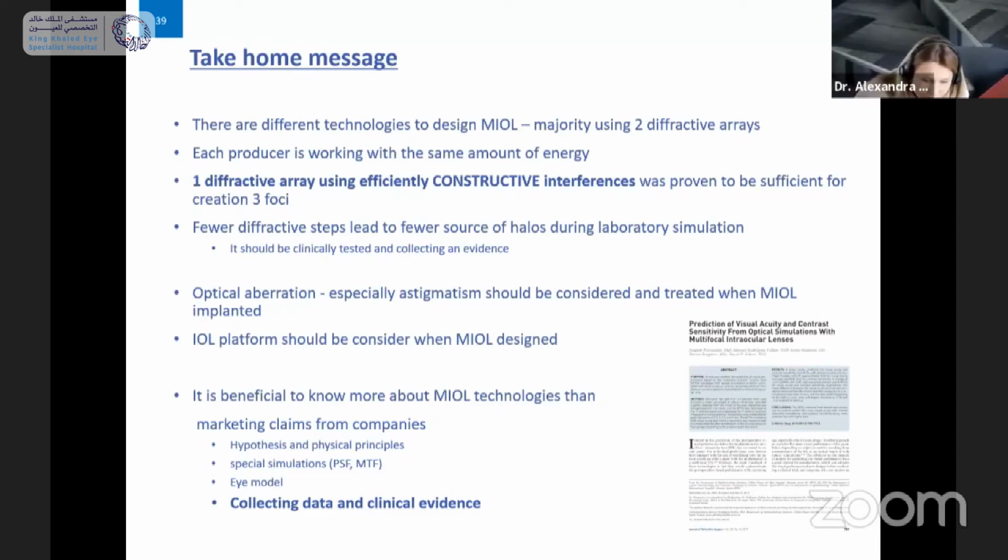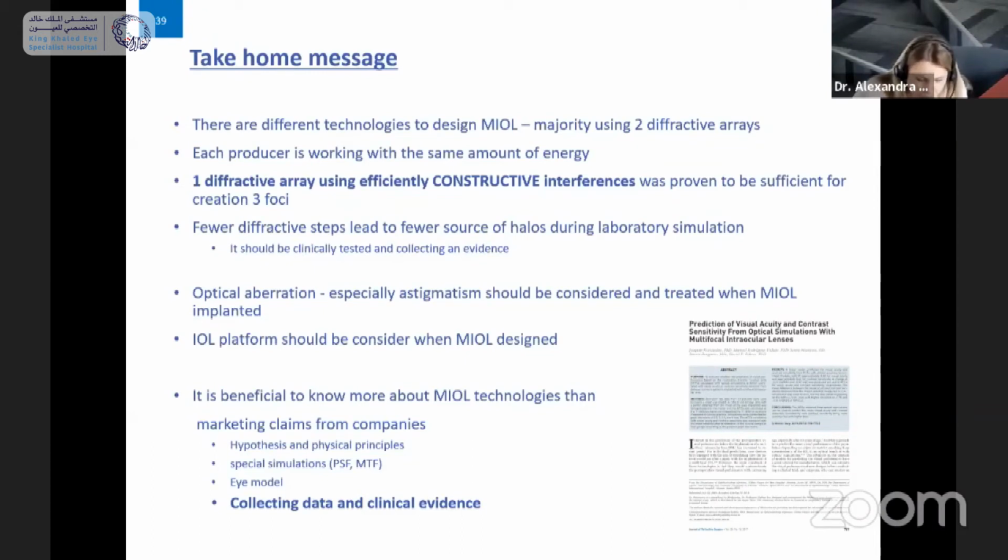And I think it's important for all doctors, surgeons, and practitioners to know a little bit more about technologies, to somehow know how to swim in between marketing claims and facts. So we should know more about hypotheses and physical principles. We should know about spatial simulation like PSF and MTF.